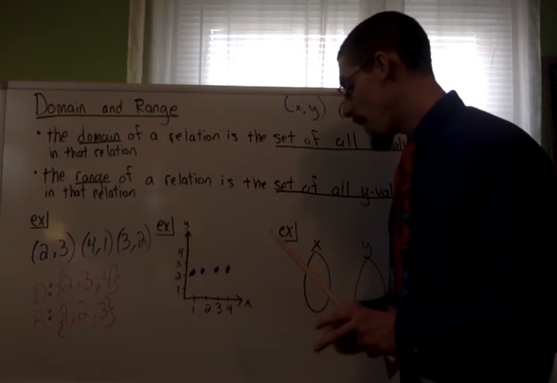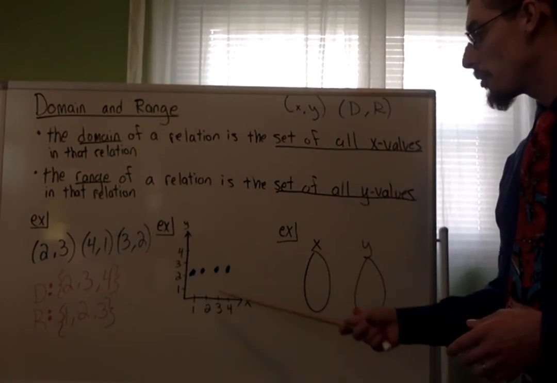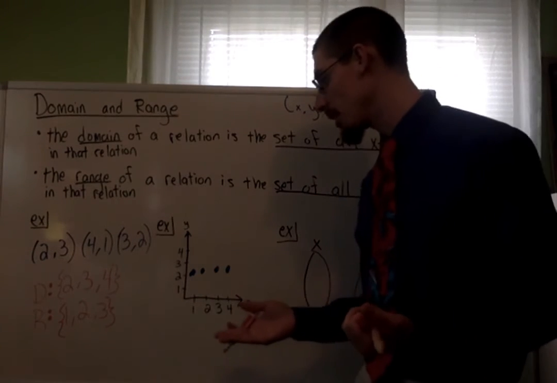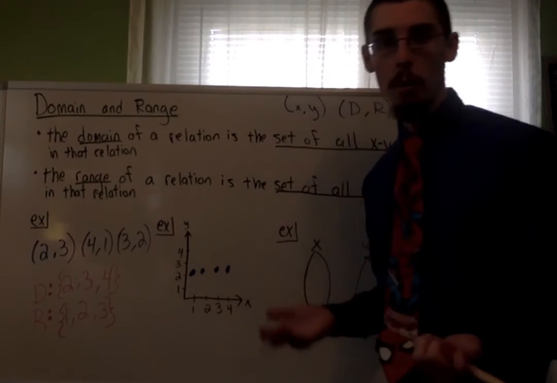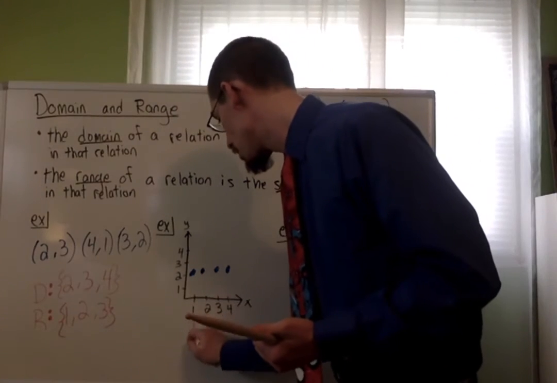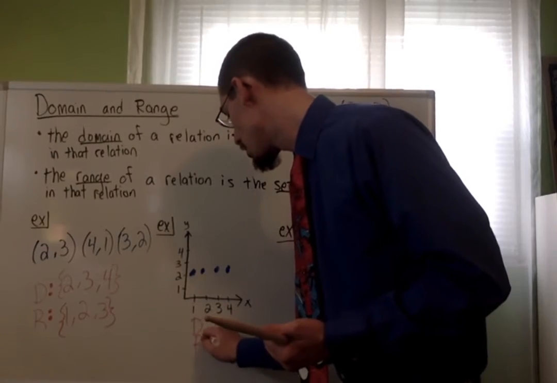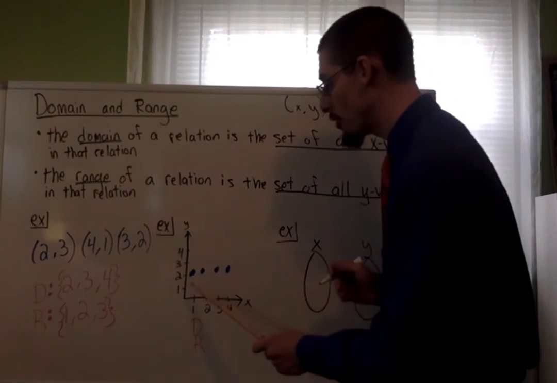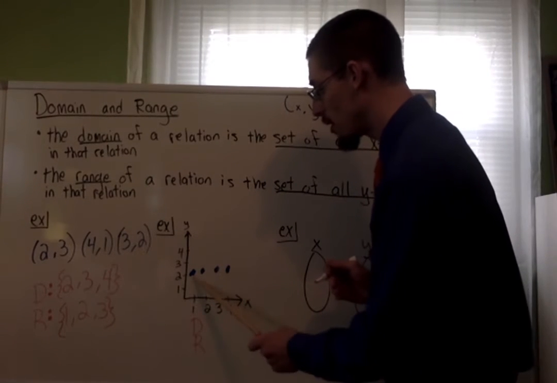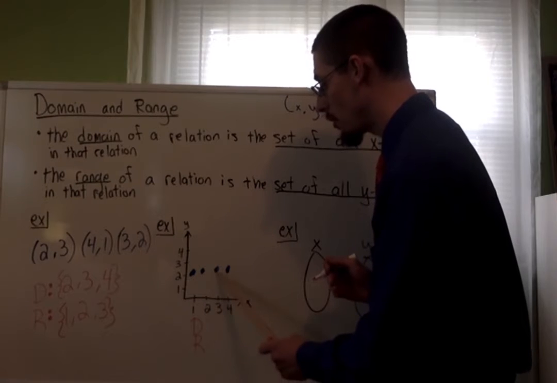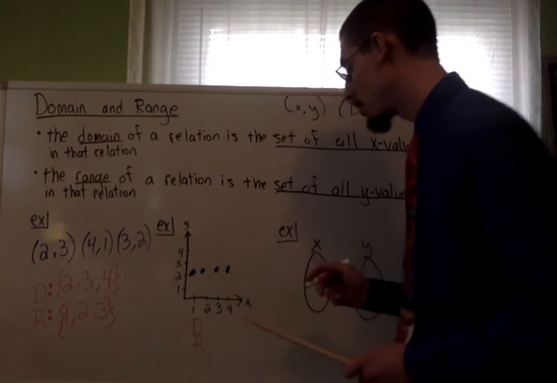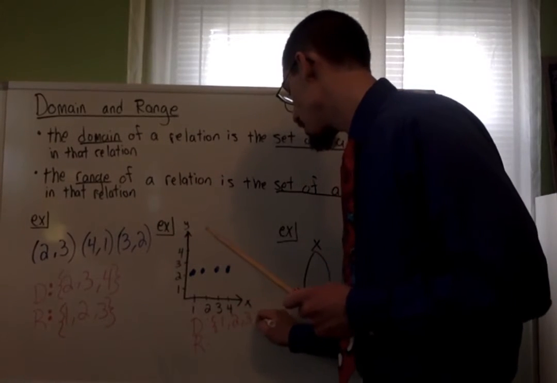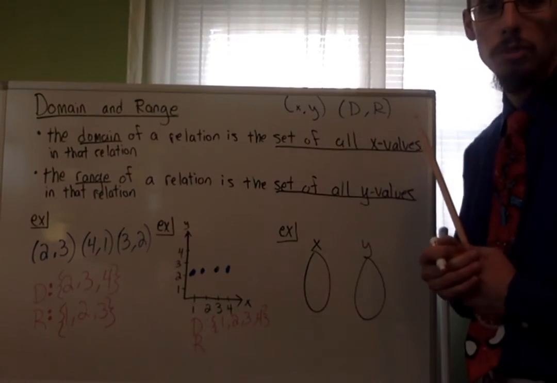So anyway, if I wanted to get my domain and range from a graph, it's basically the same thing, except you're reading a graph instead of reading points. So my domain, what are the x values? If I look at the points, 1, 2, 3, 4. So literally, 1, 2, 3, and 4. Simple enough.